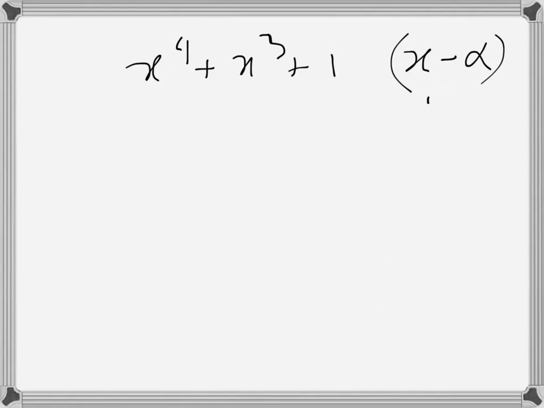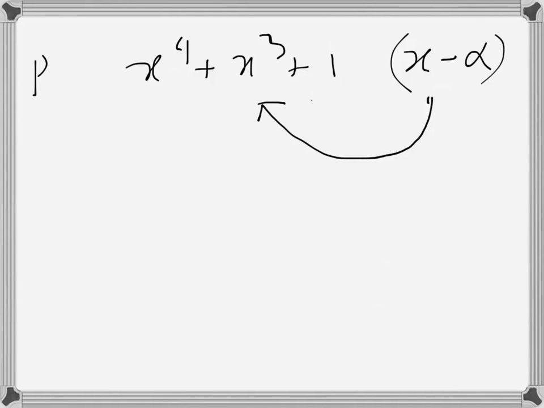Now if we have a polynomial, let's say any one, whether this polynomial is divided by, let's say, x minus alpha, can be determined by a theorem called the remainder theorem.